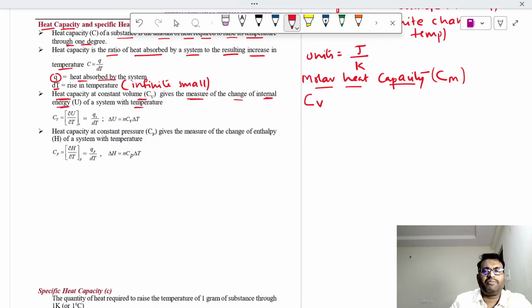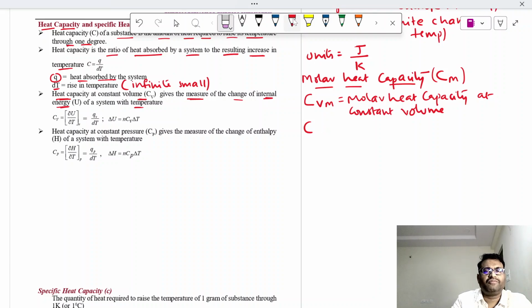Very clearly speaking, CVm means molar heat capacity at constant volume.